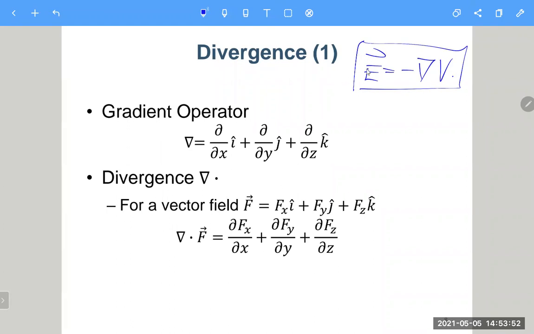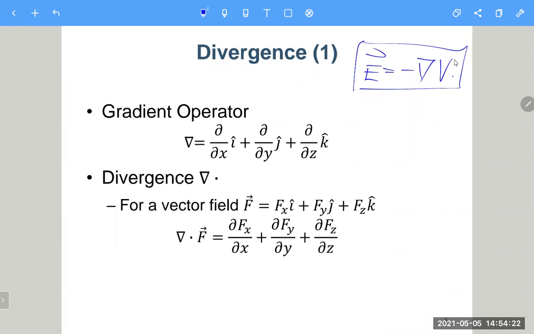E is the vector field, and I told you that V is the scalar field, so it will be easier to find, because if you have many sources generating electric potential, you can just add all of them together, and you only need the scalar sum, which is the integral.